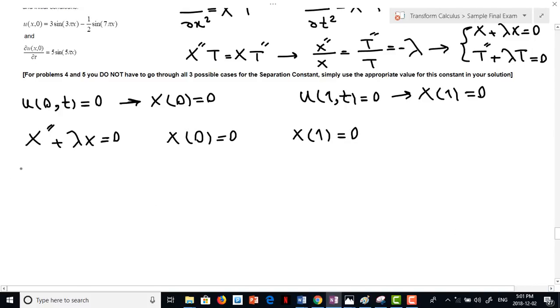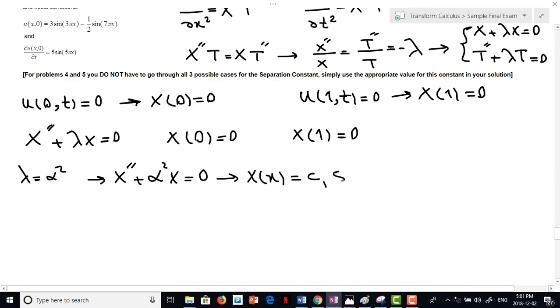So we assume that lambda is equal to alpha squared. As a result, X double prime plus alpha squared X is equal to 0. It means that X of x is c1 sine alpha x plus c2 cosine alpha x.